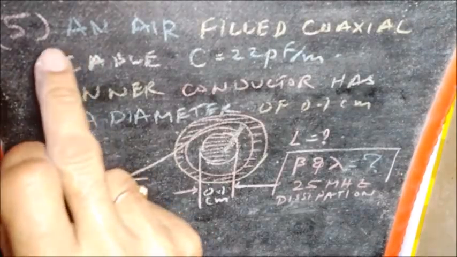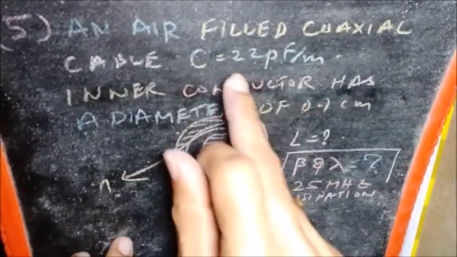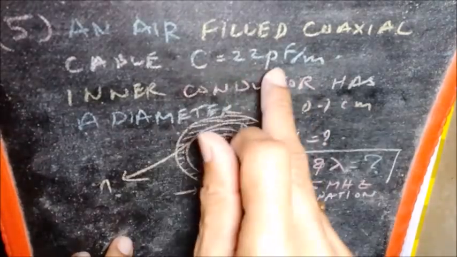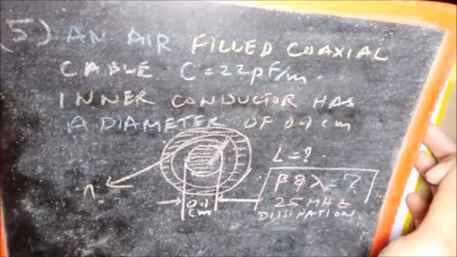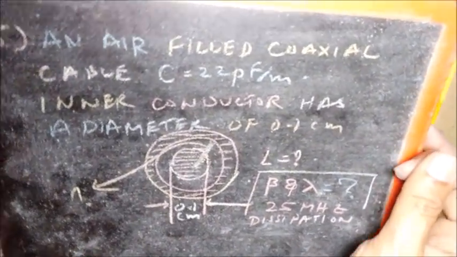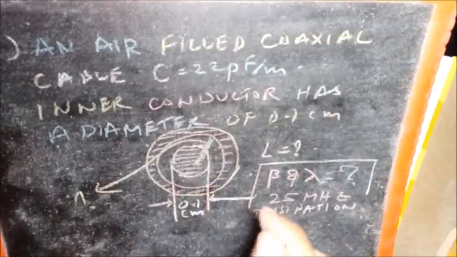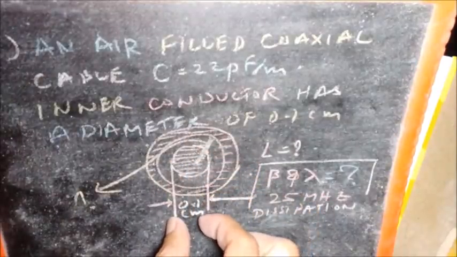So remember, the question is: an air-filled coaxial cable has to have a capacitance of 22 picofarad per meter, and the inner conductor has a diameter of 0.1 centimeter.